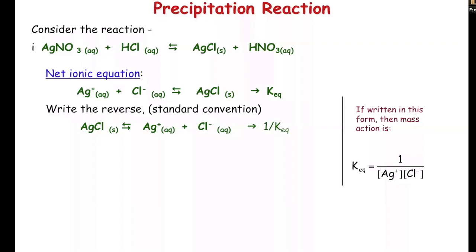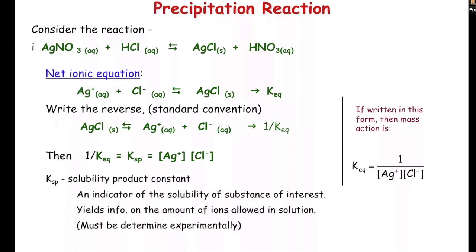So our KSP, which would be, again, the dissolution, is the reciprocal of the equilibrium constant for the precipitation reaction. Remember that whenever we reverse a reaction, we don't give that quantity a negative value. That's only for thermodynamics. When it comes to equilibrium, it's the reciprocal. You can never get a negative equilibrium constant.